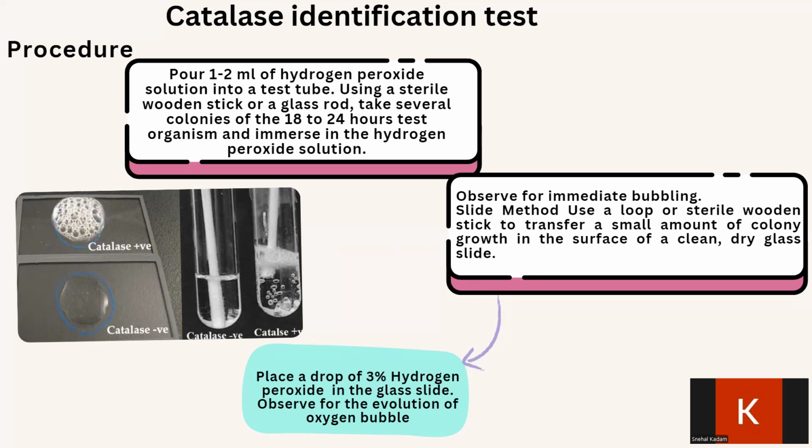In the slide method, use a loop or sterile wooden stick to transfer a small amount of colony growth onto the surface of a clean and dry glass slide.